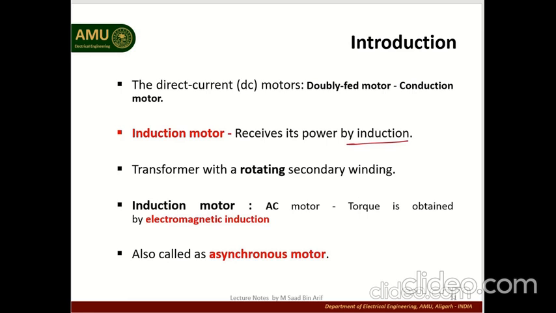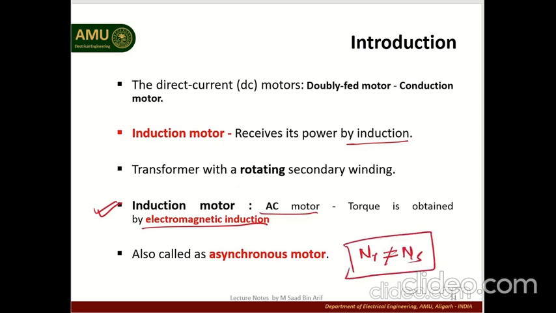So if we summarize the definition, the induction motor is basically an AC motor in which the electric current in the rotor needed to produce torque is obtained by electromagnetic induction from the magnetic field of the stator winding. Now also we have discussed that the speed of an induction motor is not equal to the synchronous speed.